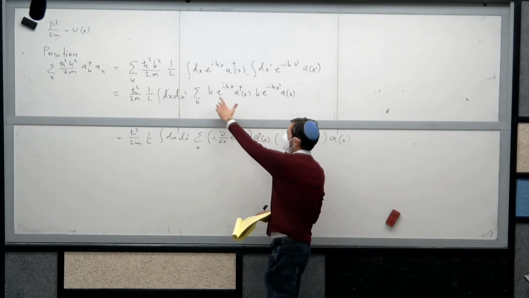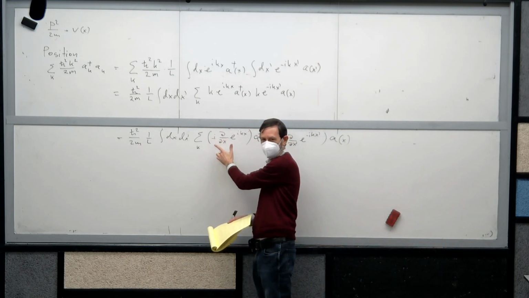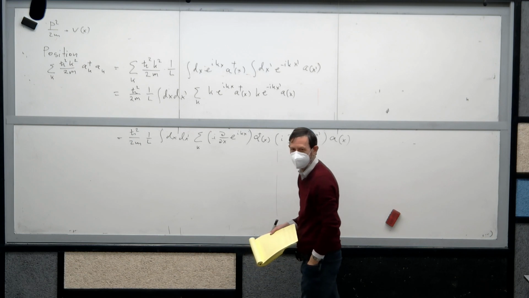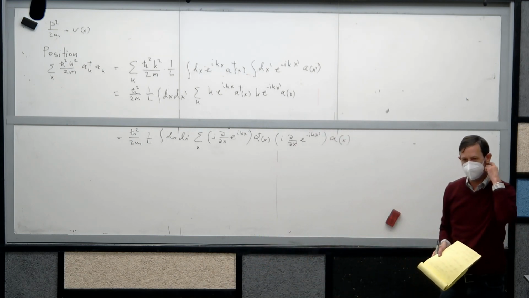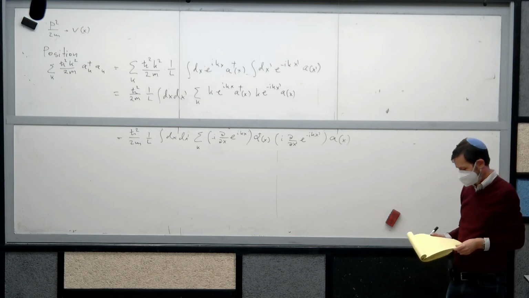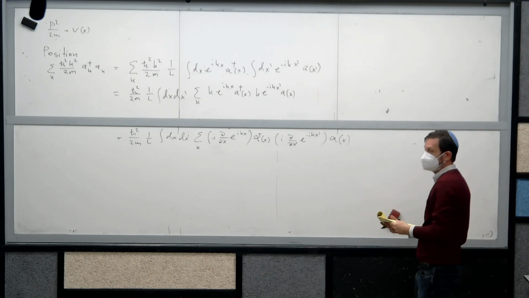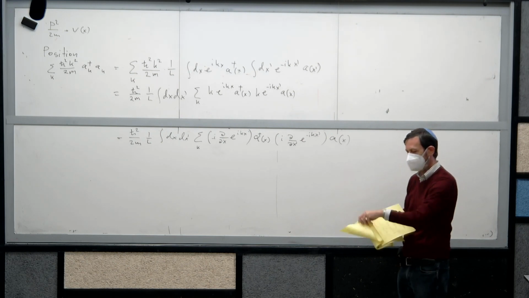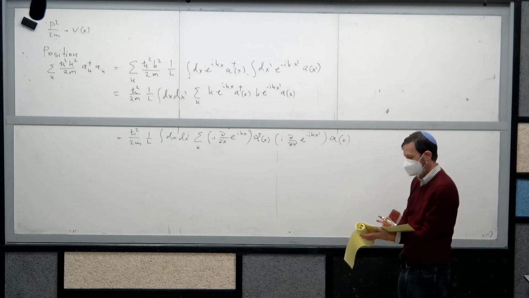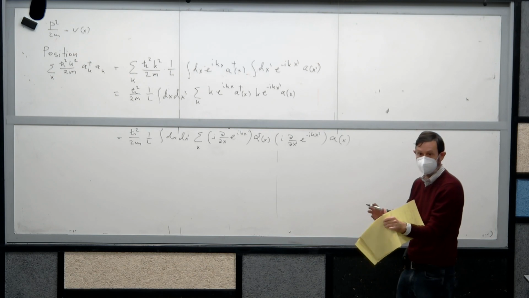Instead of writing k, I write it as a derivative of e to the power i k x. Perhaps a bit puzzling why I'm doing it, but it's certainly something that I'm allowed to do.